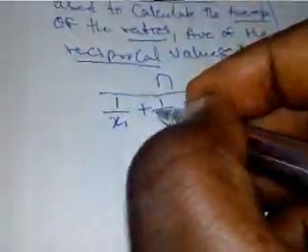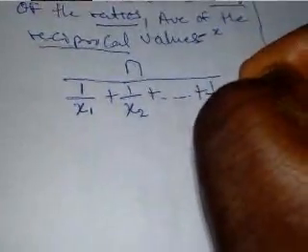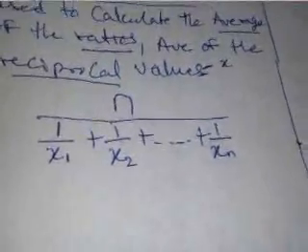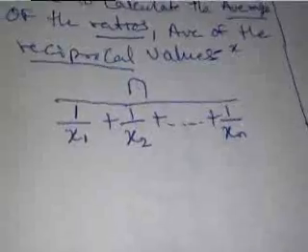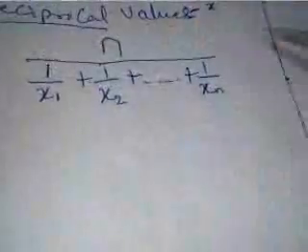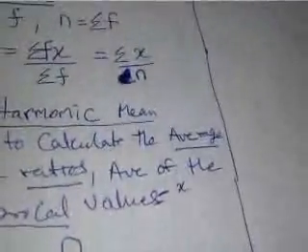So reciprocal is 1 over x1 plus 1 over x2 plus, if you have more x there, up to where the x ends, xn. This is the formula for a harmonic mean. So what it means is that you turn everything upside down over itself. So n, number of values, all over the reciprocal of x.